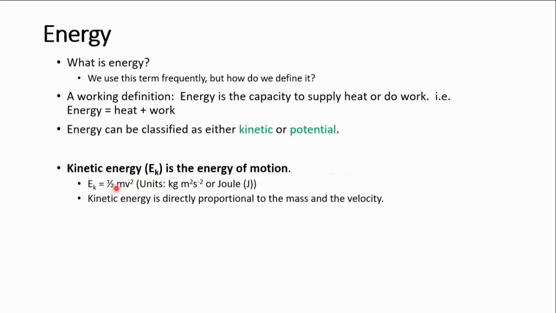Half times the mass times the square of the velocity. And therefore, seeing that the unit for mass is kilograms, whereas that for velocity is meters per second, if you square meters per second, then you will end up with kilogram meter squared per second squared, which is equivalent to the joule, which is the unit for work.